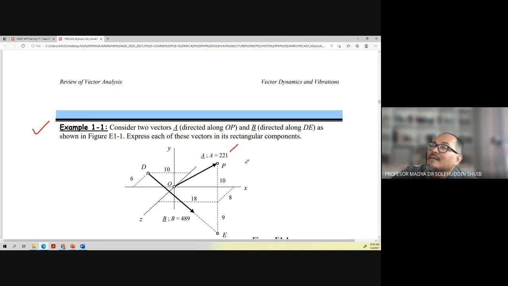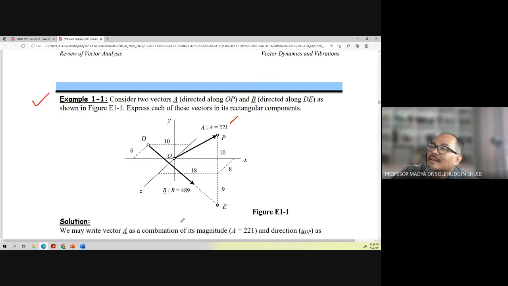B is directed along DE, and the magnitude of B is 489. I would say this is in millimeters. So express each of these vectors in rectangular components.